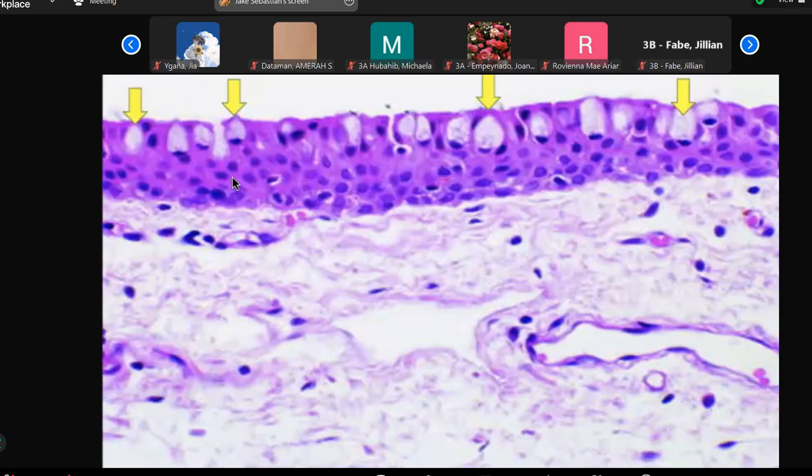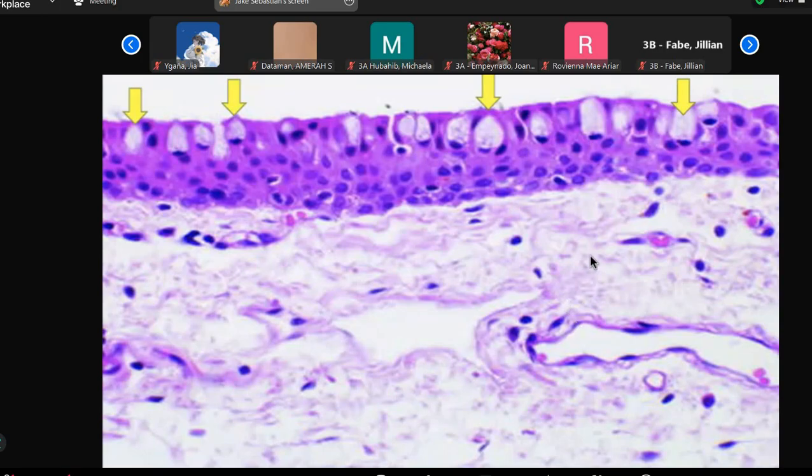This is a histological picture of the conjunctiva. So the arrows here are showing the basal cuboidal cells. Then eventually, when they go down, they are flattened into polyhedral cells.